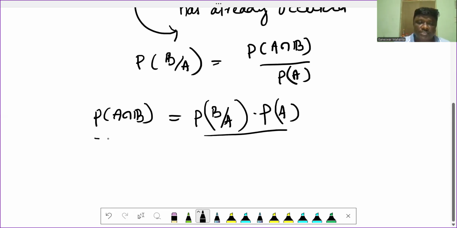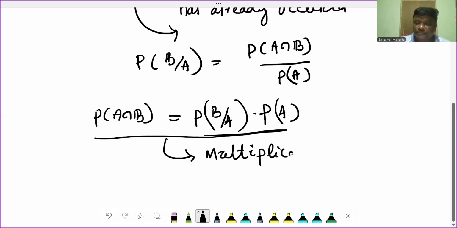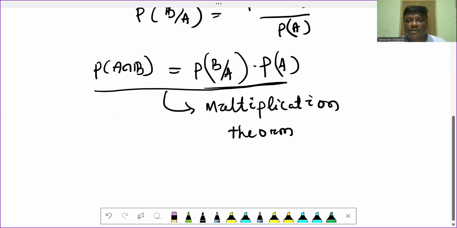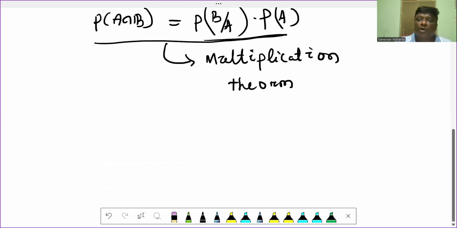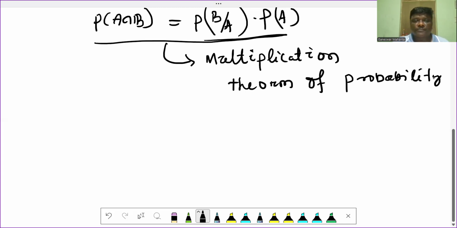So this is called the multiplication theorem of probability. Just to remember, this is the conditional probability, and we can say that it is also the multiplication theorem of probability.